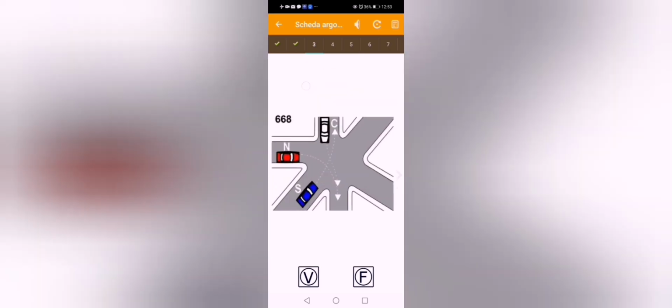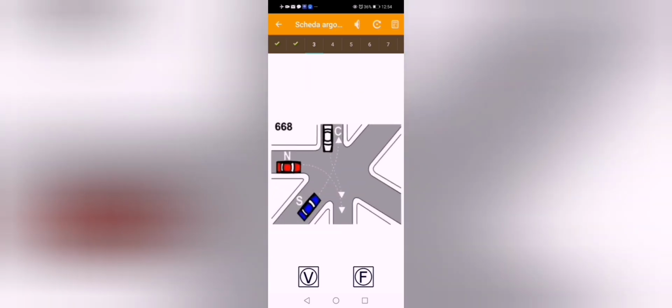In this case, the order of movement is the blue will go because nobody is hitting the blue from the passenger side. The blue will go, then if the white has to go, the red will hit him from the passenger side.